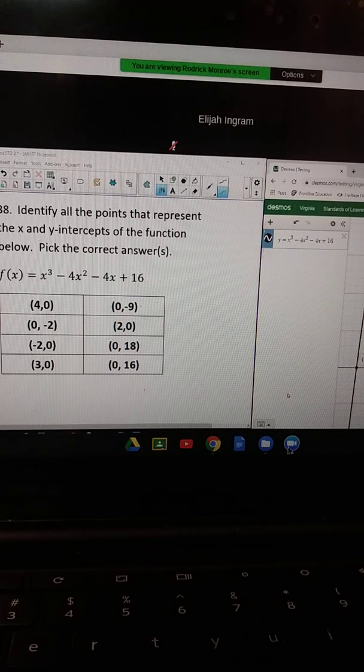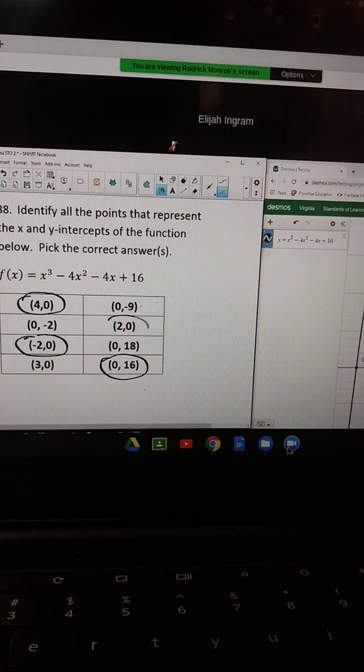So this is a TI question. So (0, 16), (4, 0), (-2, 0), and (2, 0). That's all we got to do. Any questions? No.